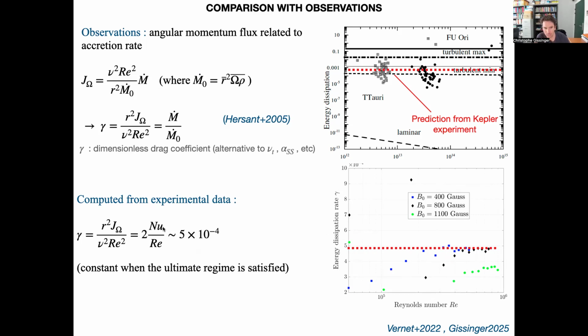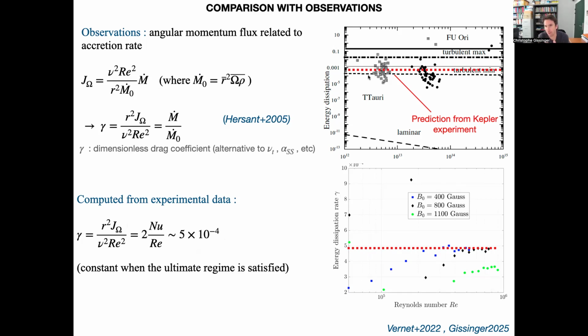Which makes sense because, as I said, the ultimate regime means that Nusselt is scaling linearly with the Reynolds number. So this ratio, this gamma parameter, when we are on the ultimate regime, is simply a constant with this value in our experimental data. And you see, if you plot this experimental prediction on the observation curve, it comes here. Okay.